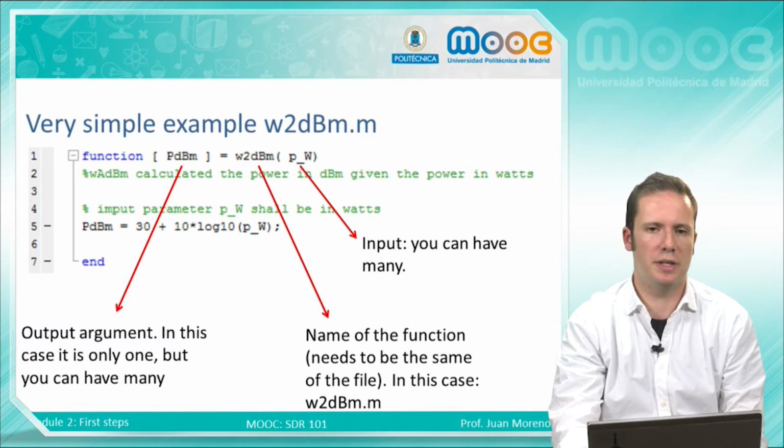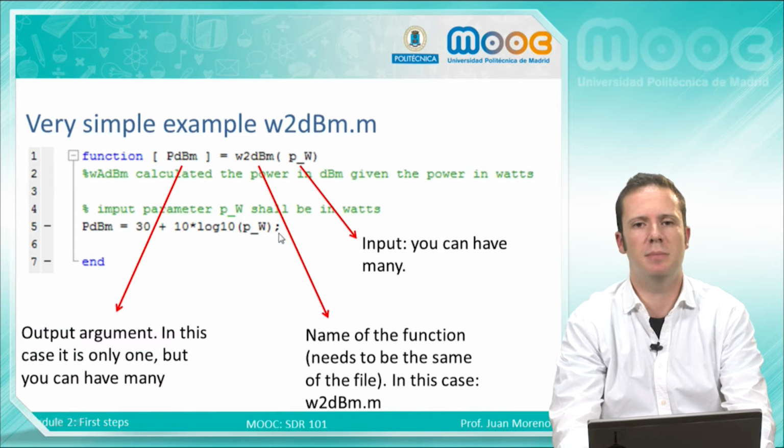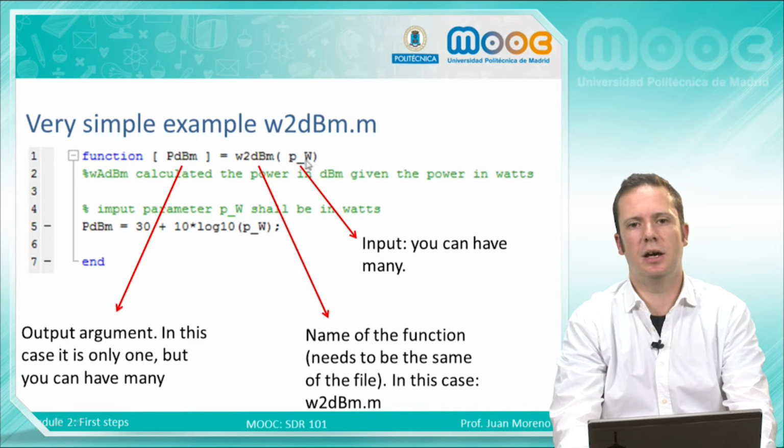So you already know the formula, the expression to calculate this power in dBm, but the syntax, the MATLAB syntax is this one. You say the name of the function and the parameter in parentheses, and you obtain, this is the parameter that you return.